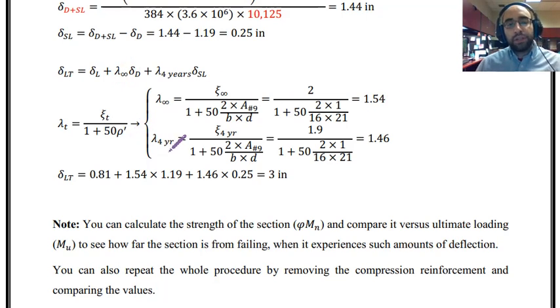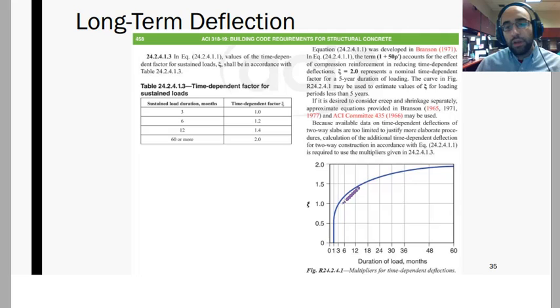Then I have to calculate lambda for 4 years. So psi should be psi for 4 years. If I go back and look at this graph, 4 years is 48 months. And that is some value over here. As you can see, it is very close to 2.